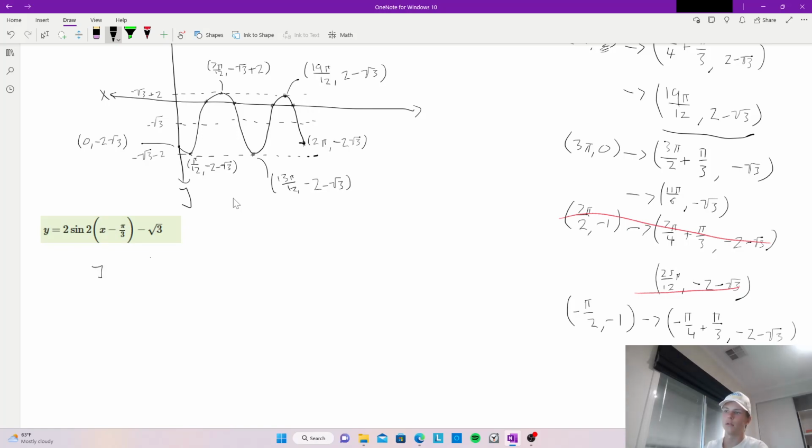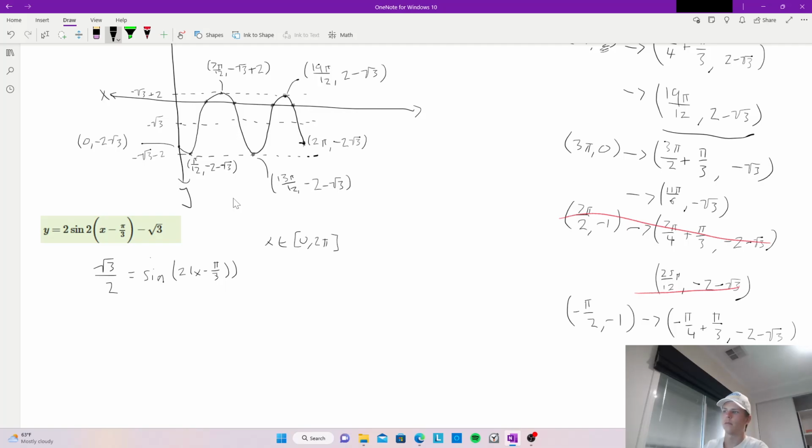Alrighty, to find your x-intercepts, we're just going to use the normal method. Make y equal to 0. So then we just get square root 3 over 2 is equal to sine of 2x minus 3. And because we know our domain, we want to solve for x, an element of 0 to pi.